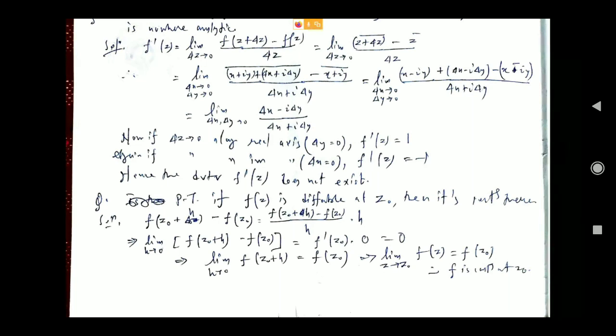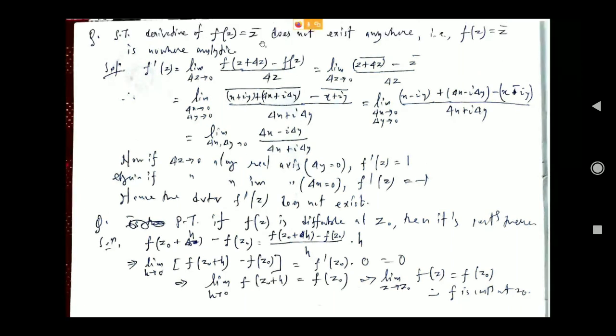We are replicating things, but it is not simple replication or extension, because many things are different here. One major difference we have discussed: in the case of real numbers, h tends to 0 and h can tend to 0 only from two sides. But in the case of complex numbers, when we write del z tends to 0, there are infinitely many ways by which we can do this. We have shown it by two ways only.